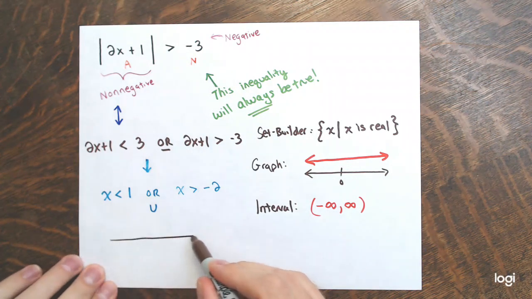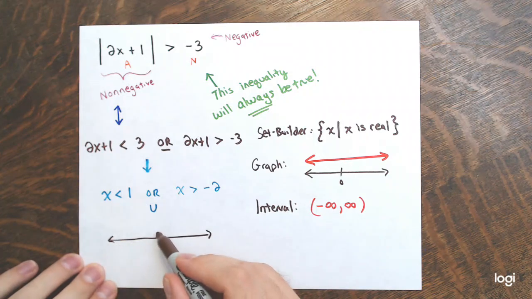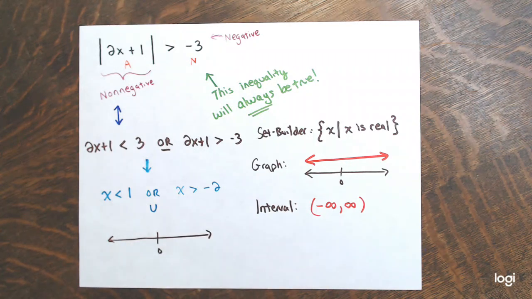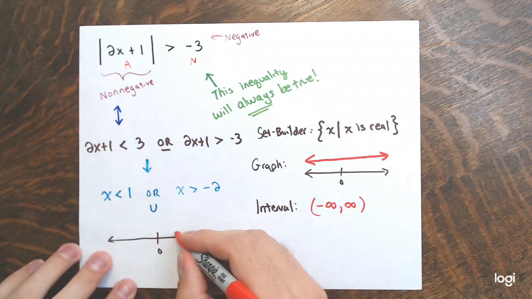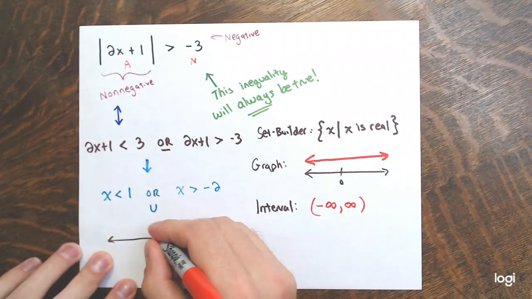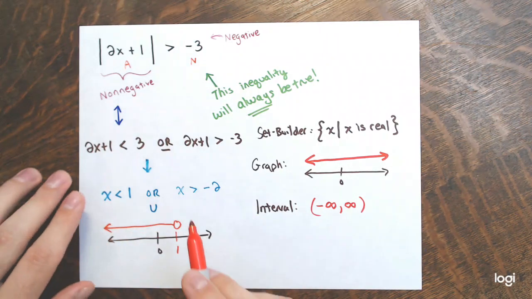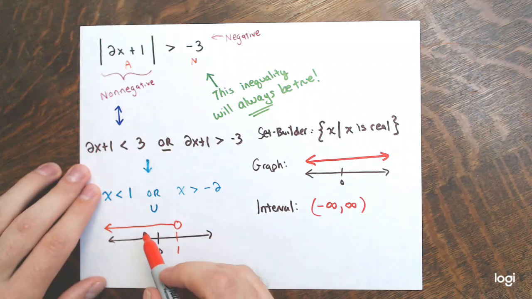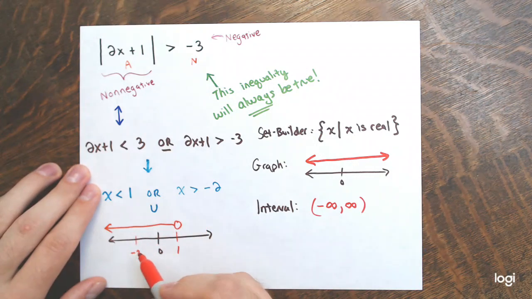Let me draw those. Here's the number line, you've got 0. X is less than 1, that's this picture here. X is greater than negative 2, that's this picture here, but I'll draw it below.